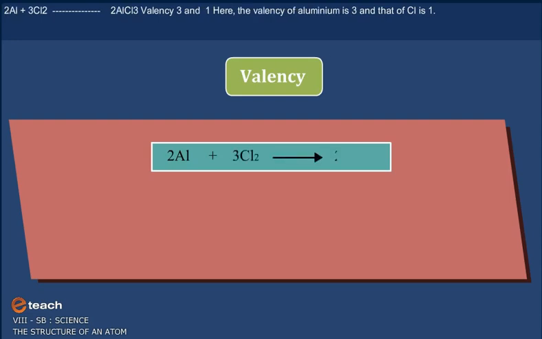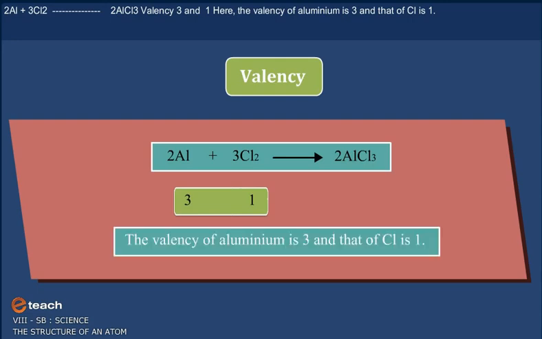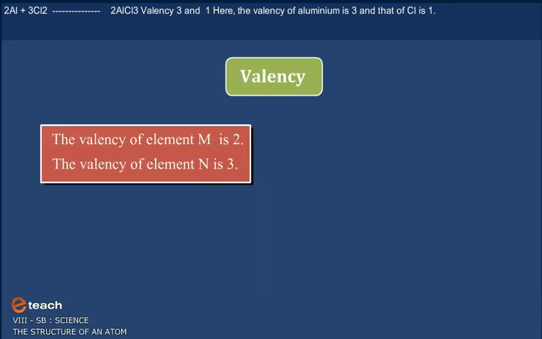2Al plus 3Cl2 gives us 2AlCl3. Valency 3, 1. Here, the valency of aluminium is 3 and that of Cl is 1.